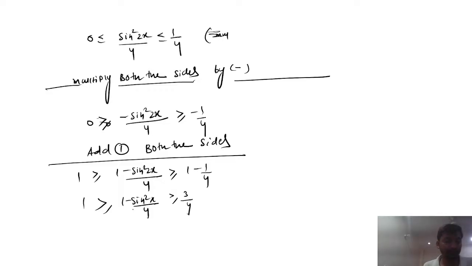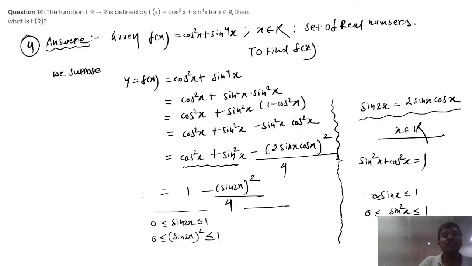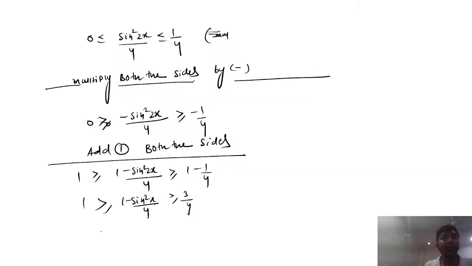And what is this? How do we express this, from which part? From this part. Now we achieved this inequality from where? From here. So can we write like this? f of x is less than or equal to 1 and greater than or equal to 3 by 4.